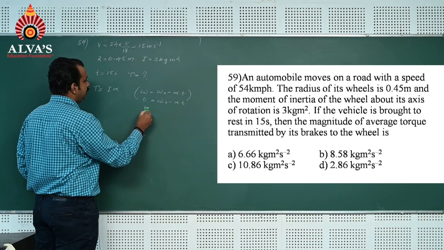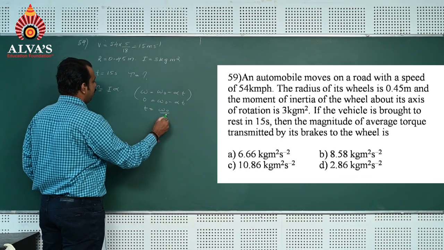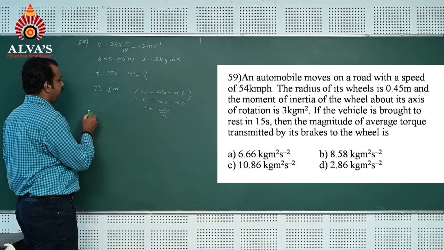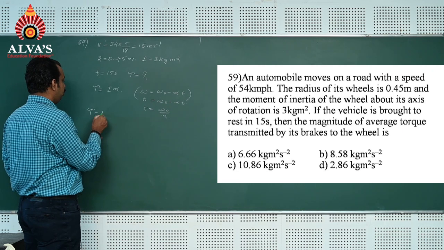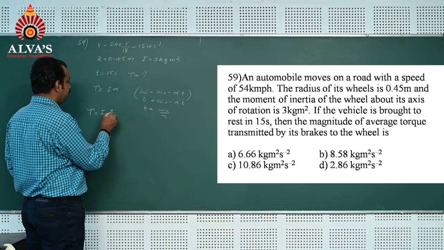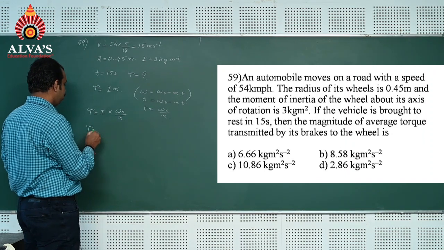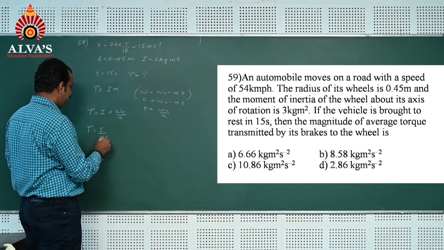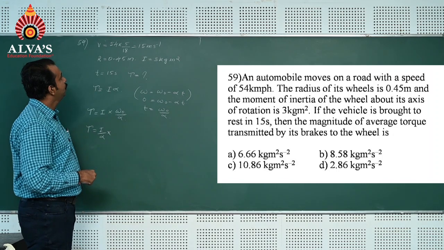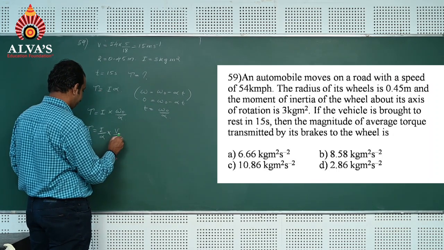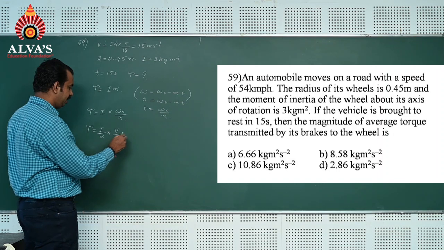That means t is equal to omega naught by alpha. So we can write tau is equal to I into alpha, that is omega naught by t. Omega naught is V by R.